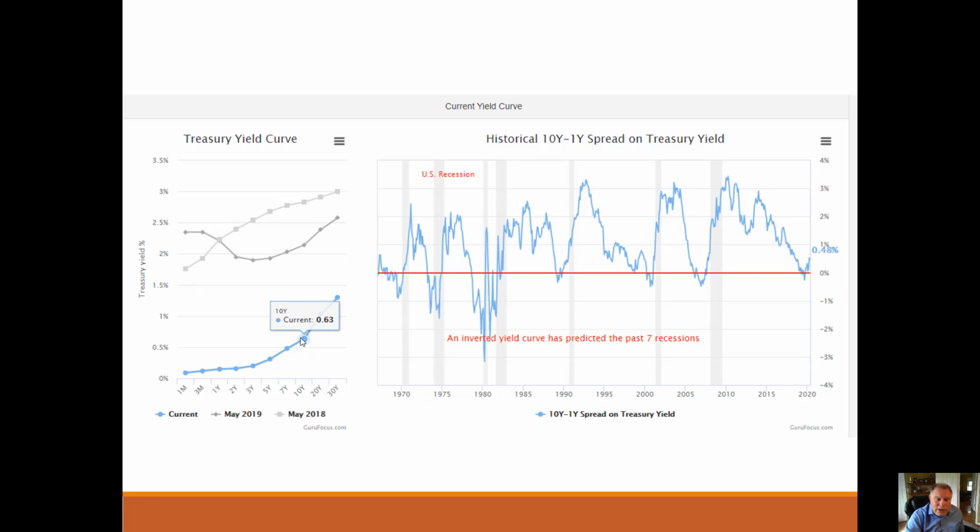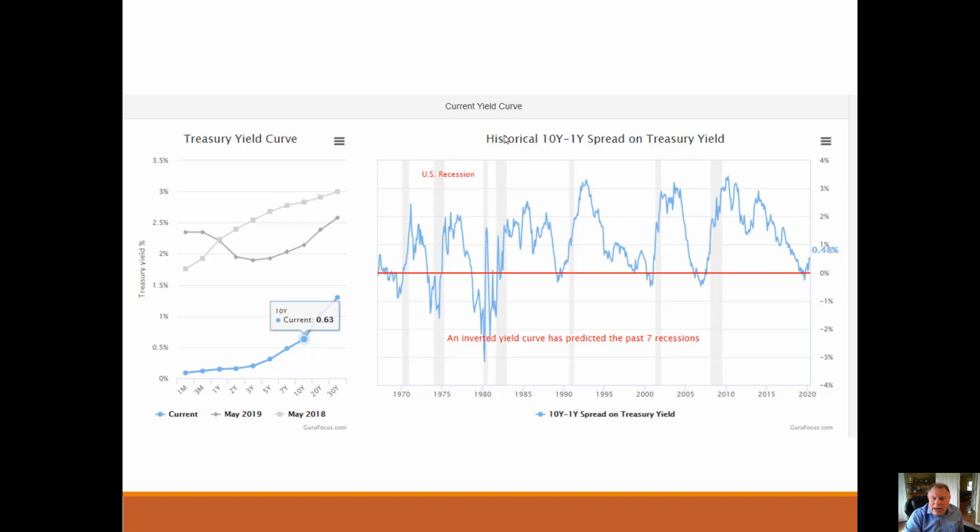But if we look at what has happened in 2 years, interest rates have dropped precipitously. Okay? And some of this is that the money is there, but there's no use for it. Companies can't make investments because they're not getting a return. So that's the yield curve. Important to know what a yield curve is and what it's telling us.